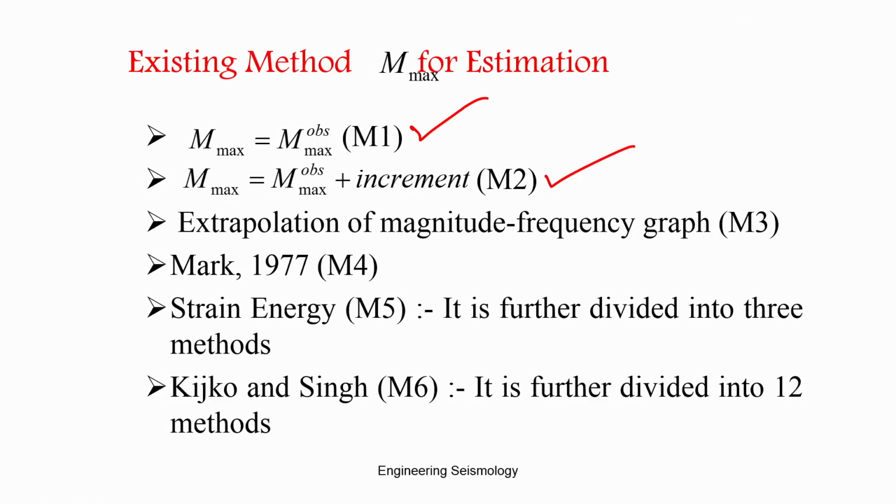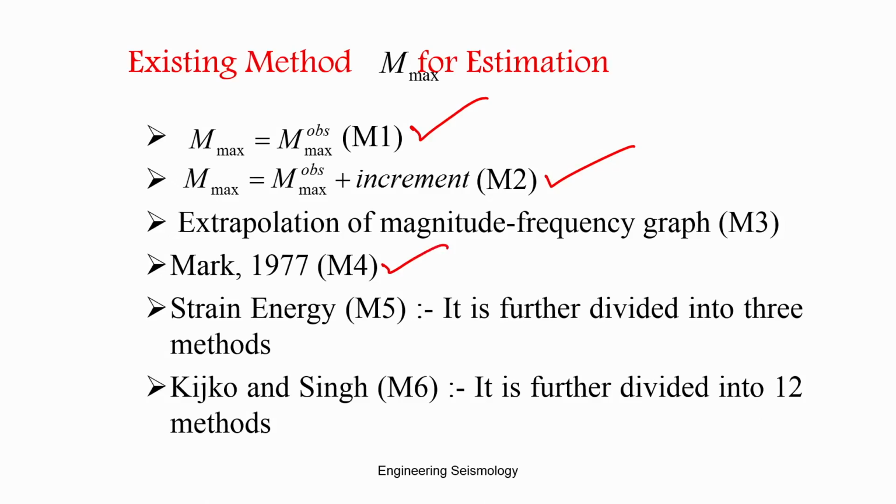The other one is the fault rupture based method, like the Mark method. He says that if you know the length of the fault, you assume that a certain portion of the entire length of the fault will rupture. Then if you know the rupture length, you can convert that into M naught or moment magnitude based on an empirical relation. That is the Mark method, which is called M4.